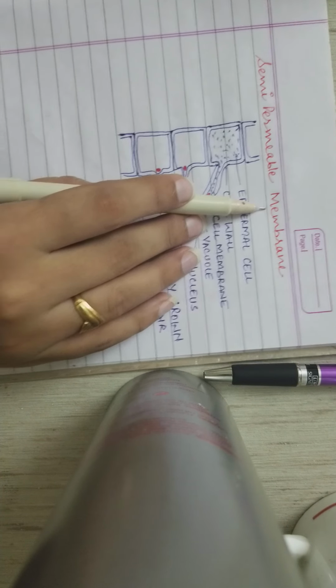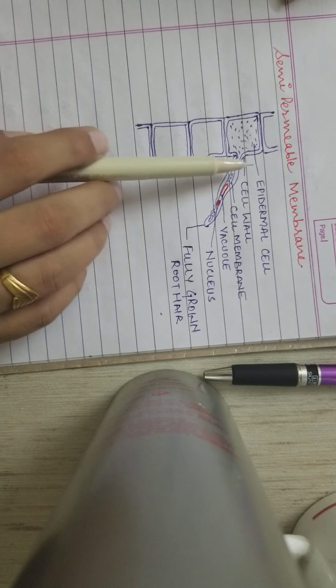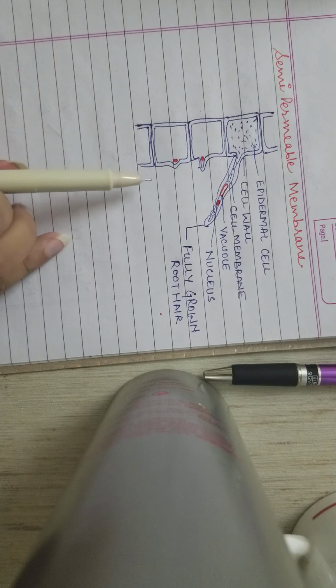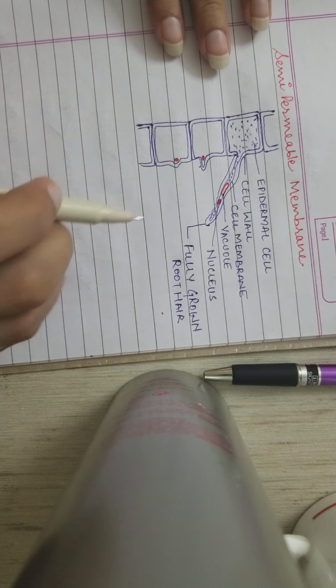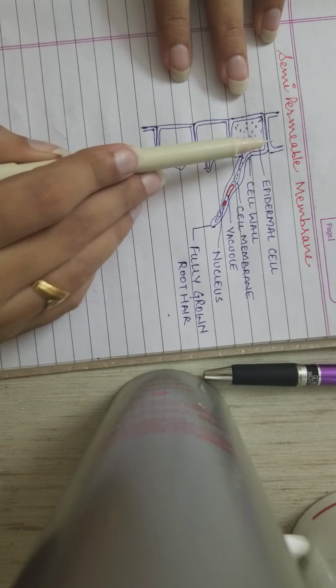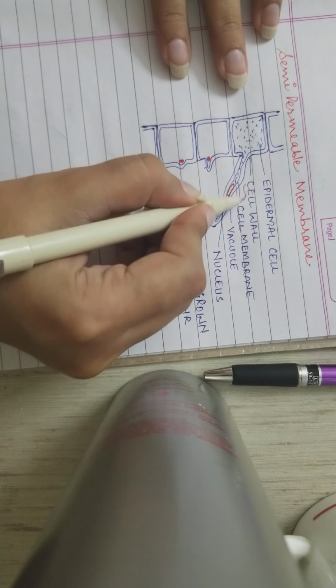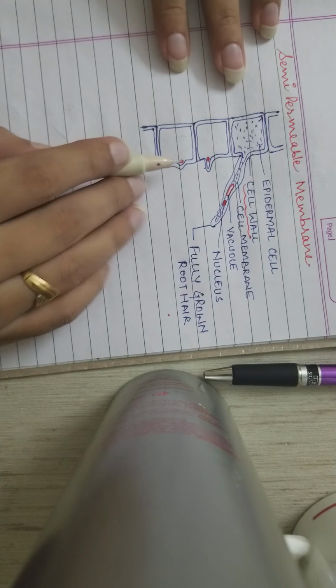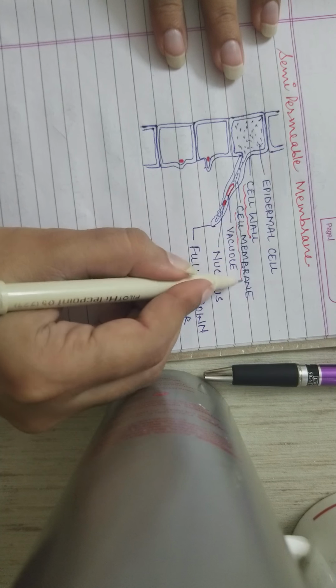Now here is the diagram. It is the diagram of a root hair showing the water absorption. Now what are the various parts which we have? You will see that the outer layer is known as the cell wall. Then next to the cell wall we have the cell membrane.